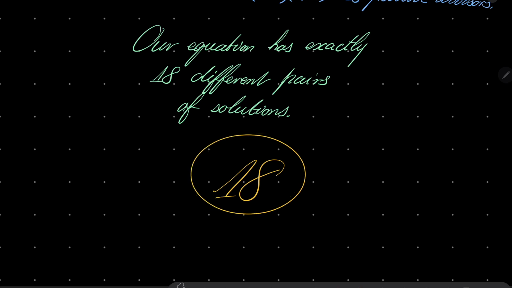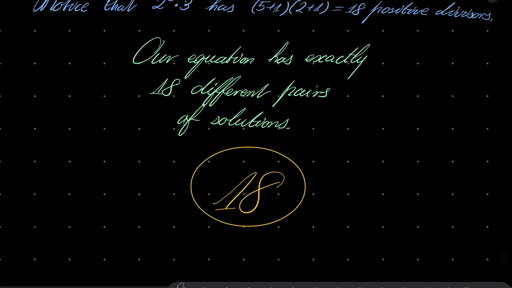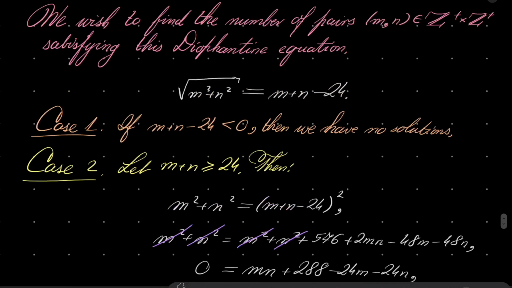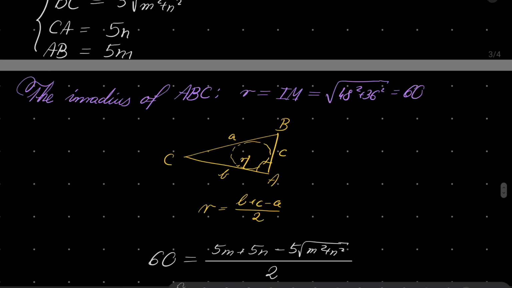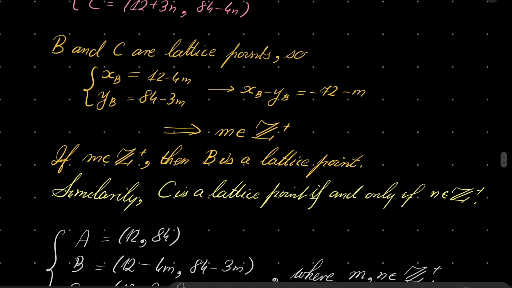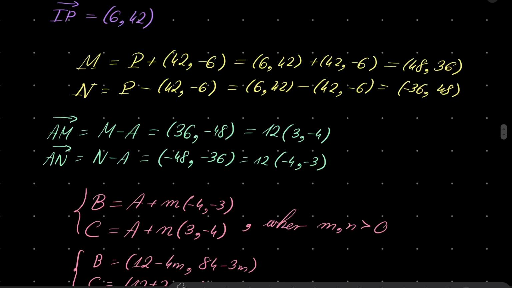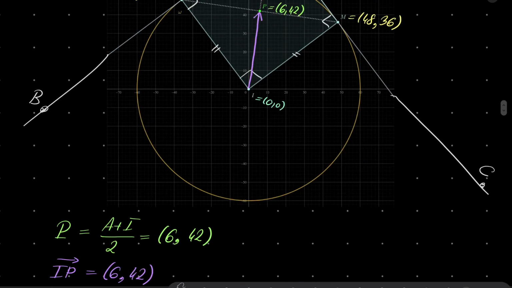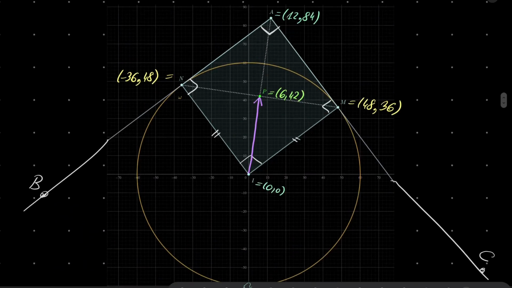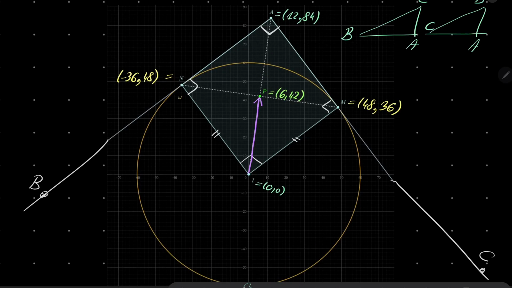And moreover, one more thing, you may wonder, is it 18 or maybe twice that? Well, I'm not sure about the interpretation of this task, but I consider, for example, a triangle which looks like that, A, B, C, and the same with B and C swapped, to be the same triangle with just different labeling of vertices.